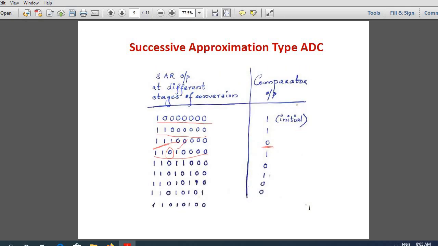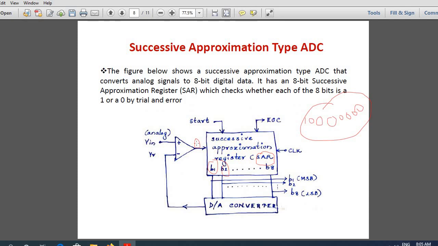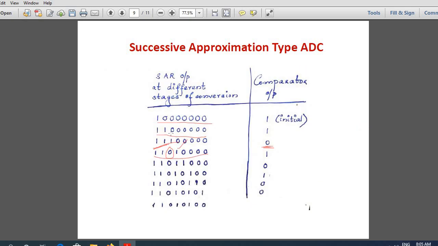Now if my comparator output is 1 now, again the 4th bit will be retained, the next clock will be given, and the 5th bit will be tried. So this continues until all the 8 bits have been checked.